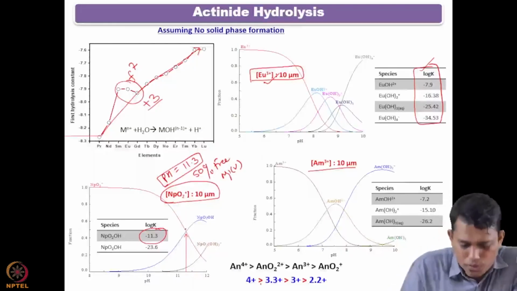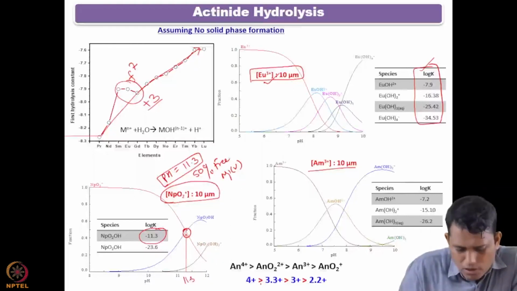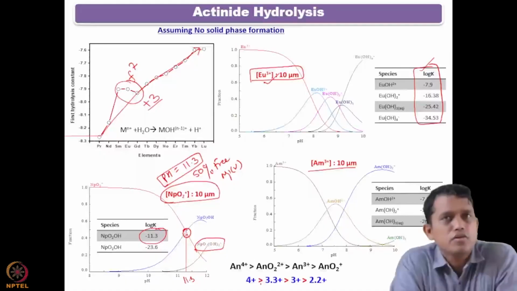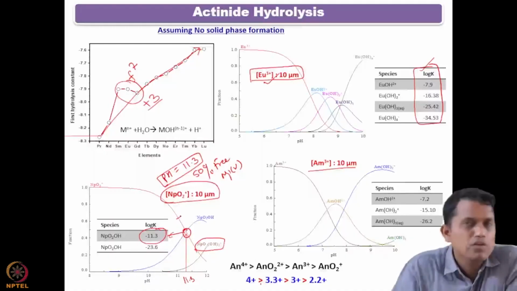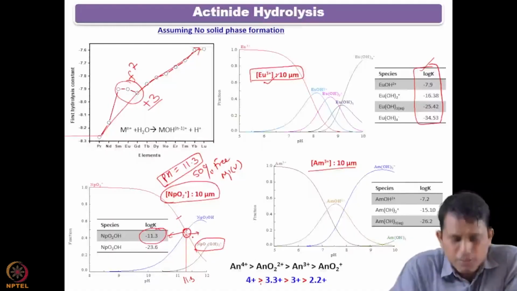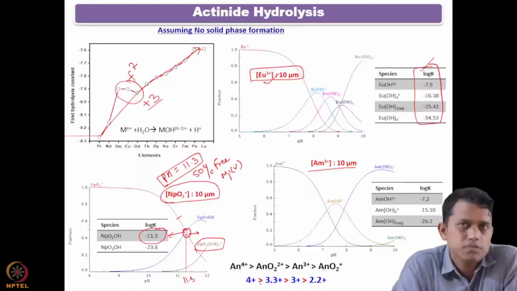You can see the same situation here. This pH is around 11.3, because there is some secondary hydroxide also, but it is very close to 11.3. So before this pH, free neptunium will dominate, and after this pH, the hydroxide species will dominate.